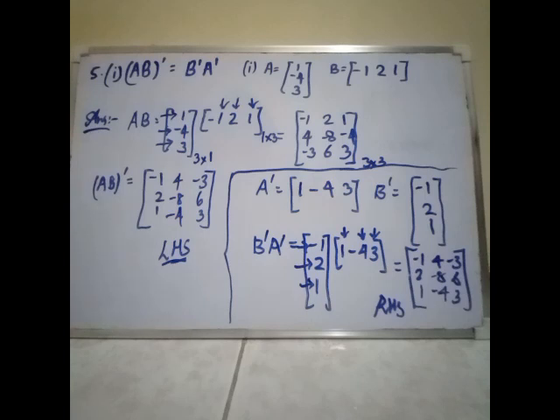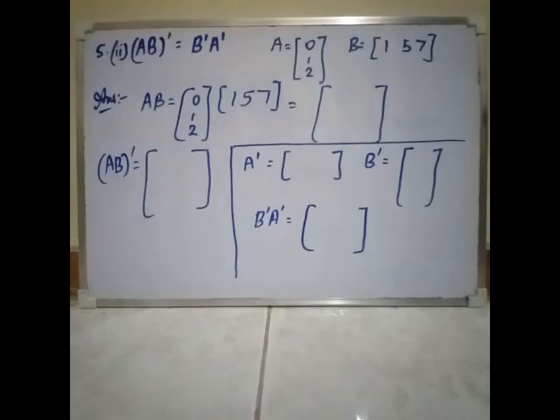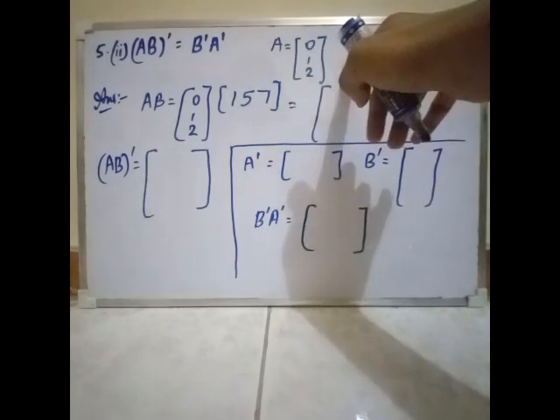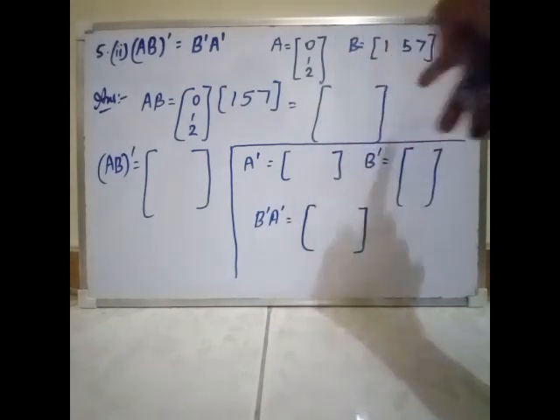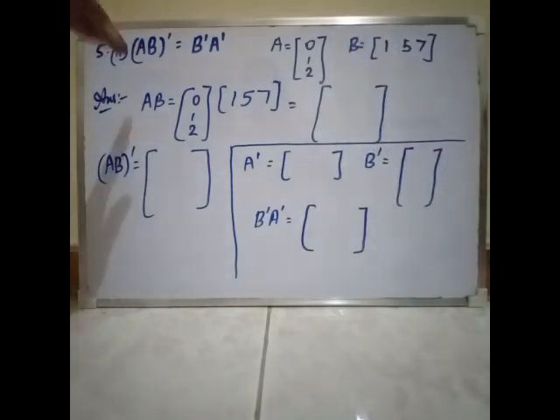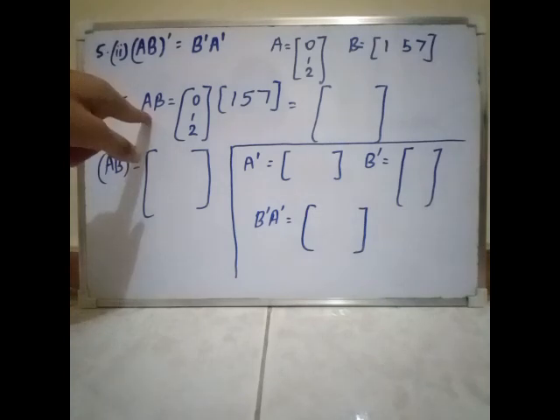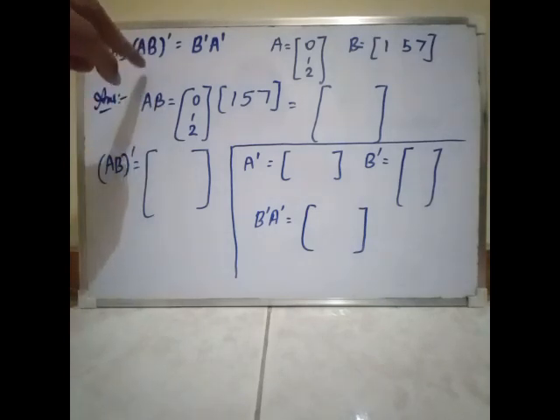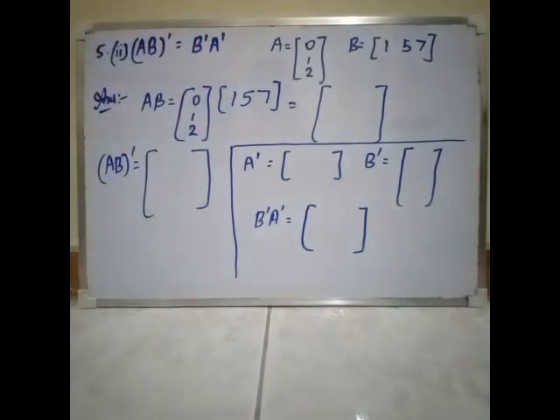Now let's do the second part of the question. So AB is now this matrix, A is this matrix and B is this matrix, right? So first let's do the left hand side as usual. So A times B first inside, right? So our A is here and B is here.